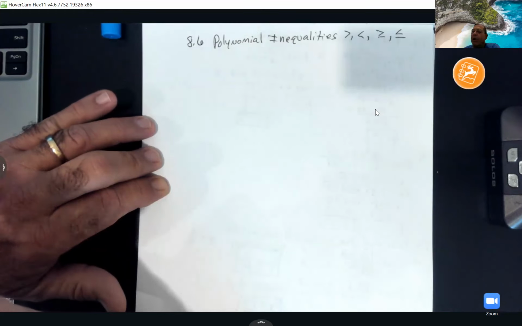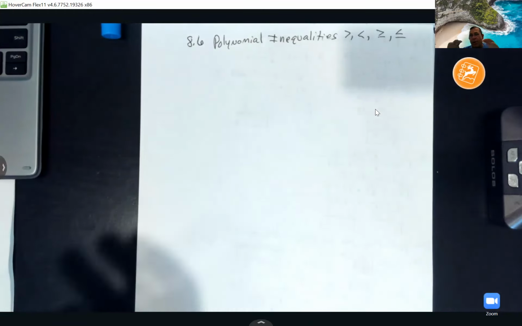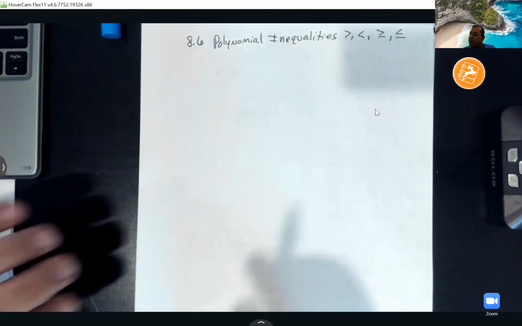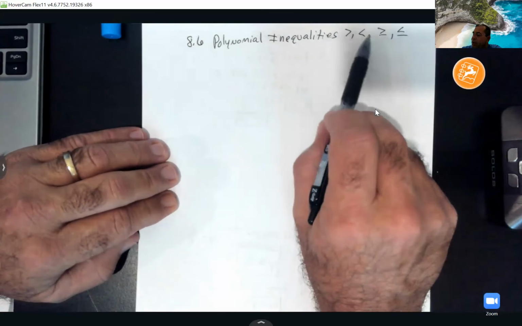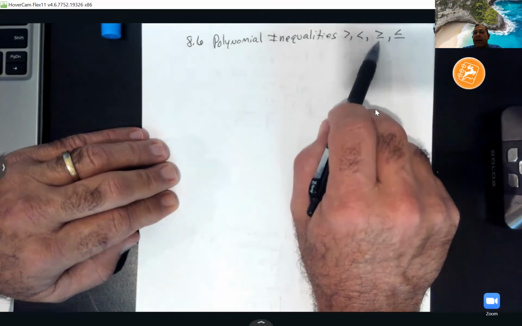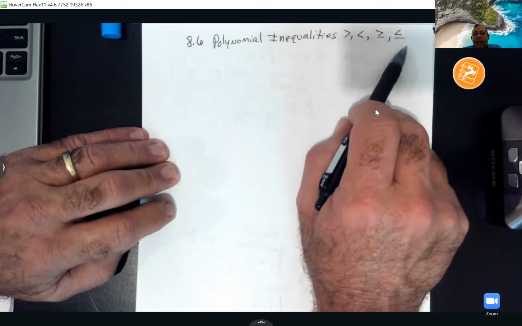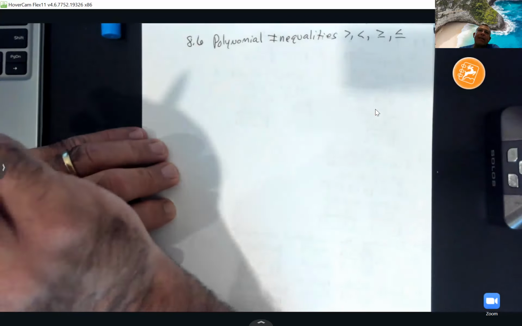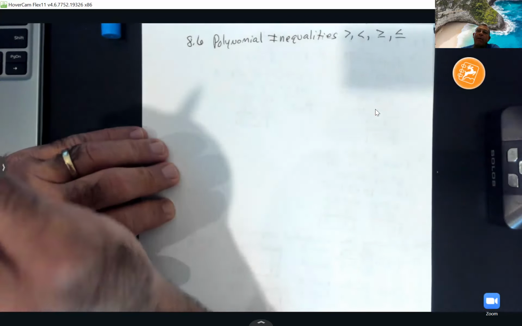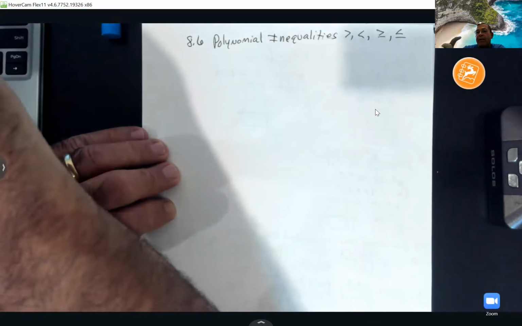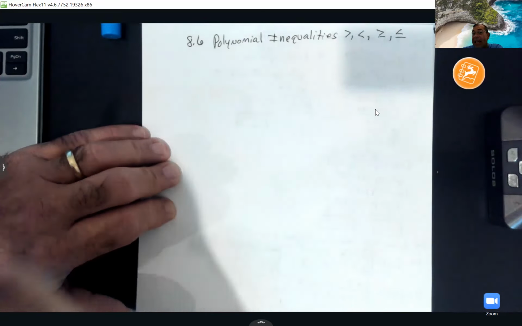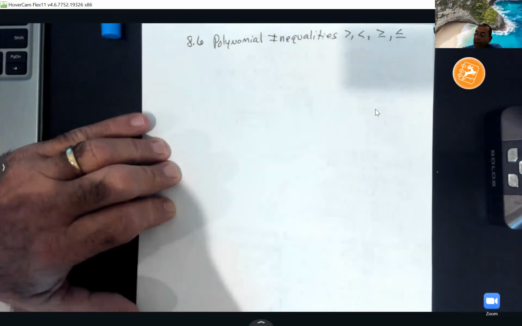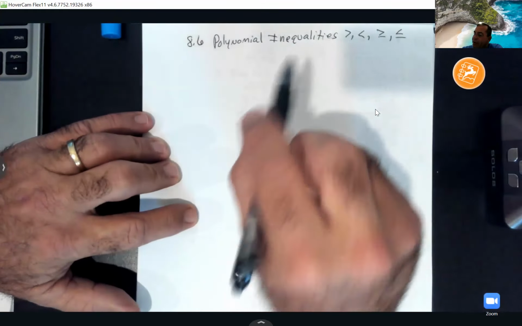Now, we're going to deal with interval notation on our answers. Since we have greater than or equals and less than or equals, we have to distinguish between whether we use parentheses or brackets around our numbers. Here's the way I distinguish that.